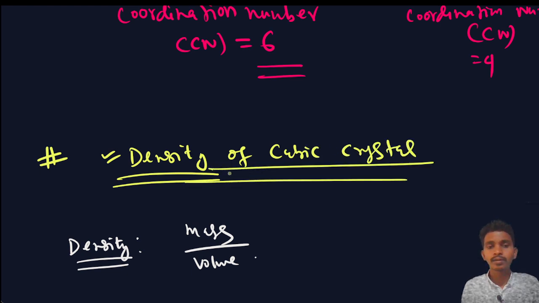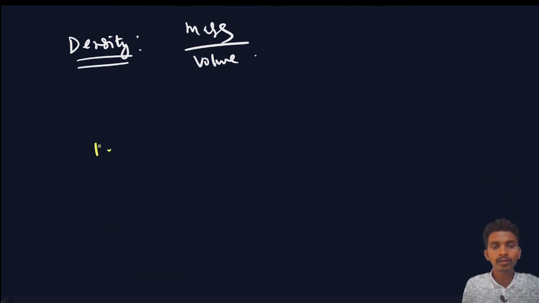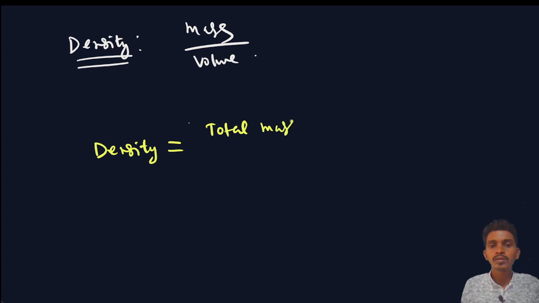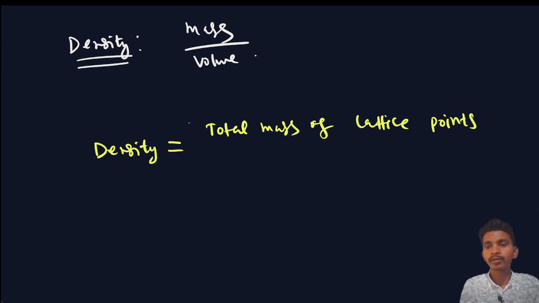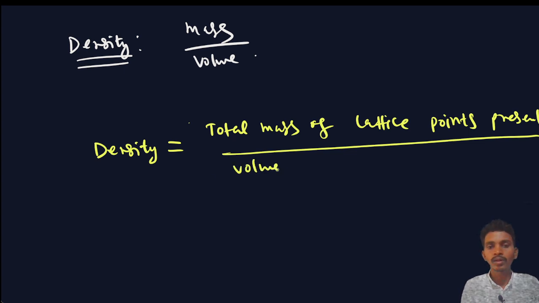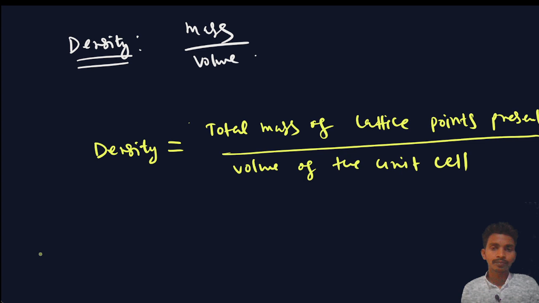For this case, the density is equal to the total mass of lattice points present upon the volume of the unit cell.